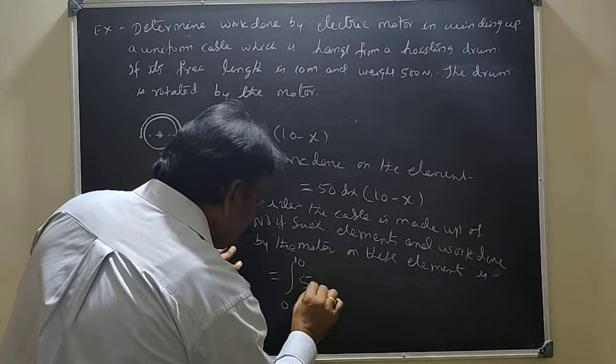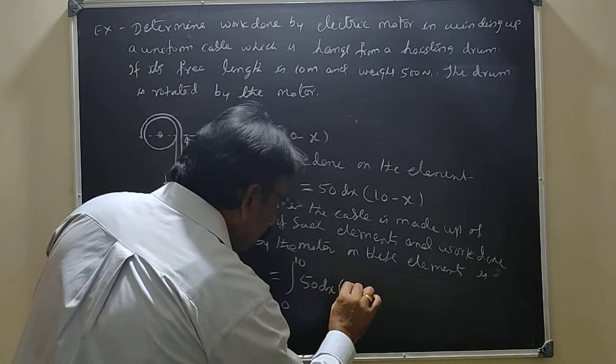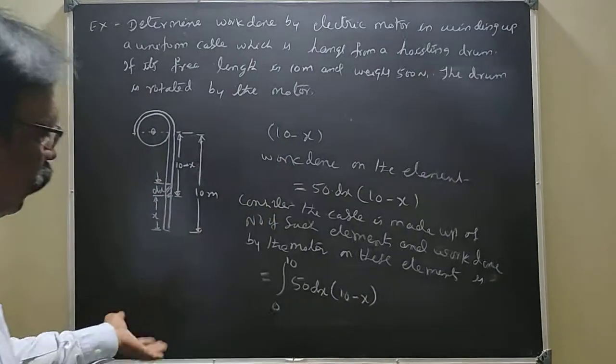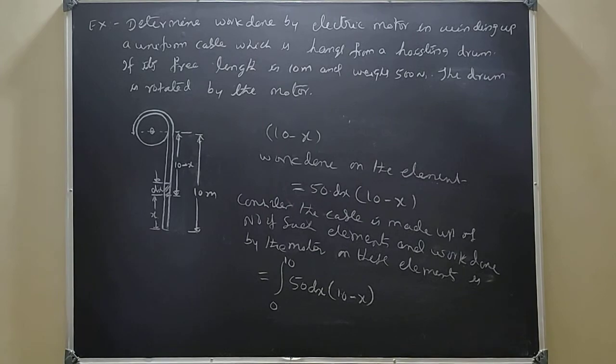That means 50 into dx into 10 minus x. So all elements will be raised to such a distance.